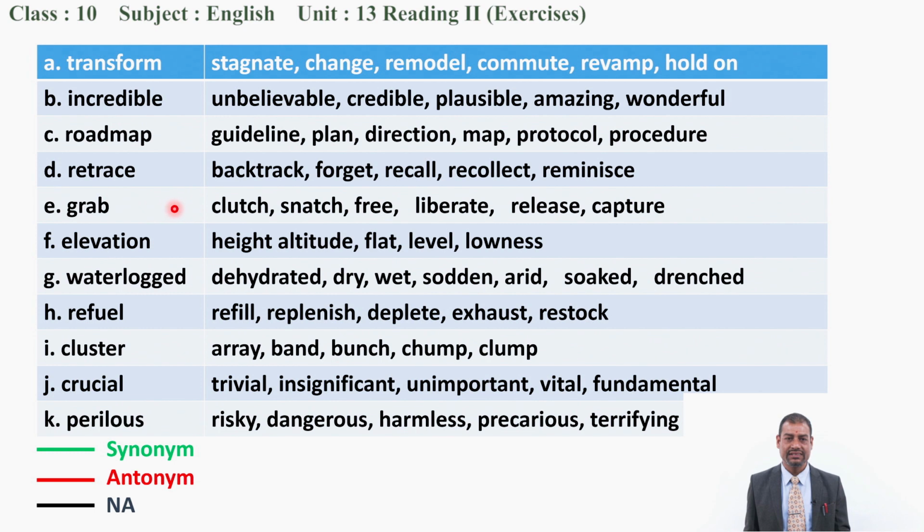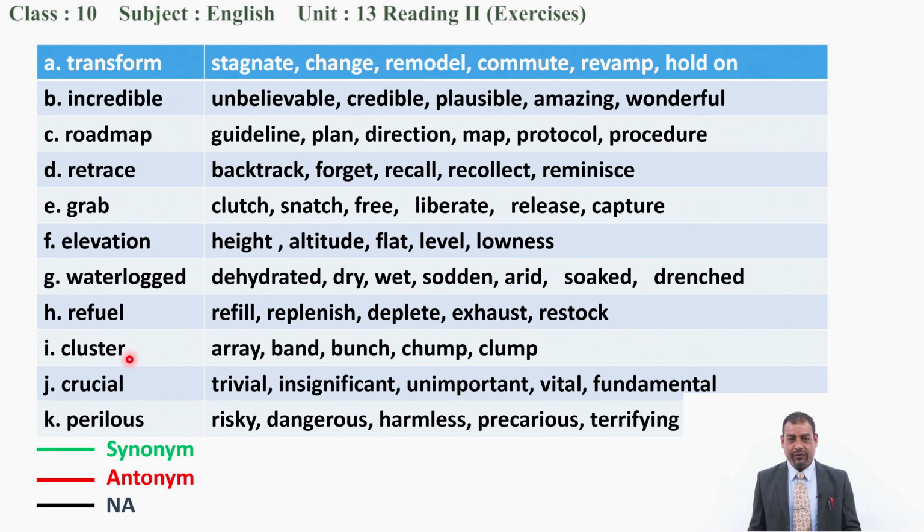Retrace: backtrack, forget, recall, recollect, reminisce, okay? Grab: clutch, snatch, free, liberate, release, capture. Elevation: height, altitude, flat, level, lowness. Now another word in G is waterlogged, okay? And the words are given here: dehydrated, dry, wet, sodden, arid, soaked, drenched.